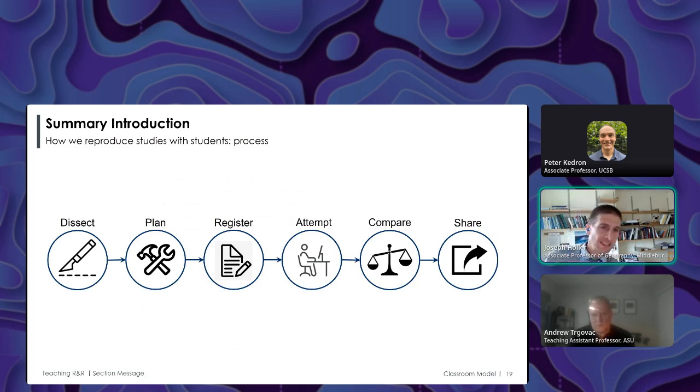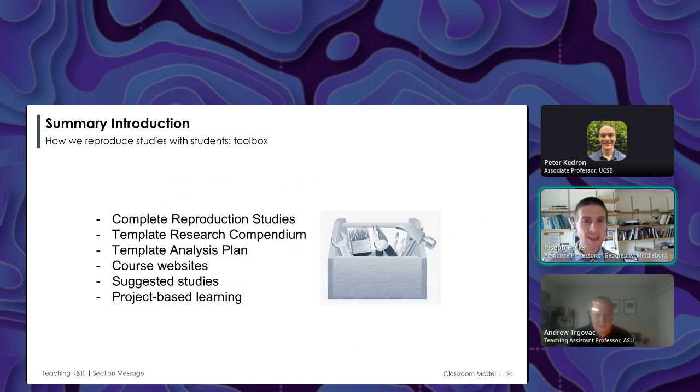And as ambitious as this may sound, we've proven that it actually can work, and you also do not need to start from scratch because we've got a wealth of materials available to you. That toolbox includes 10 reproduction studies and counting that have been completed and published, a didactic template research compendium for organizing the work involved in creating a reproducible study or a reproduction study that in and of itself is reproducible.